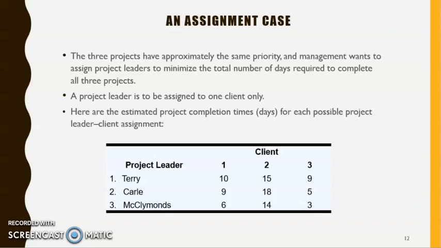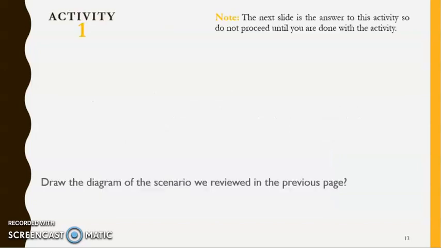The first step that we are going to do to solve this problem is drawing the diagram of the scenario we reviewed on the previous page. As you remember, when you are dealing with network models, it is very helpful to draw the network first, and after that try to tackle the problem similar to the previous problems that we had.